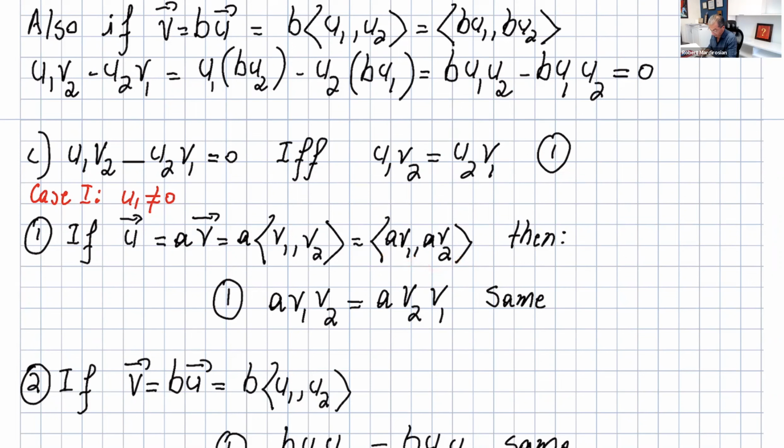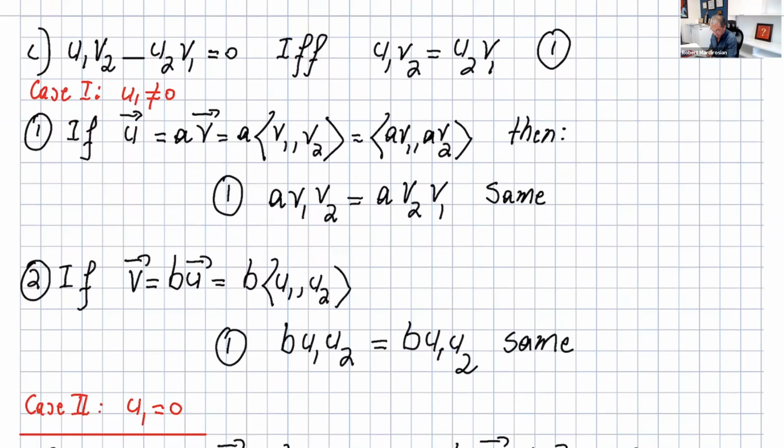If we substitute, so instead of U1, if I put AV1, and instead of U2, if I put AV2, they are the same, so they cancel each other. If you take one to the other side, you get 0, so it works. The second relation, if you write V equals BU, then that's the same thing as BU1, BU2. And if we substitute again in the relation, we see that on the left side we have BU1 times U2 equals BU2 times U1, and still the same, so it works.